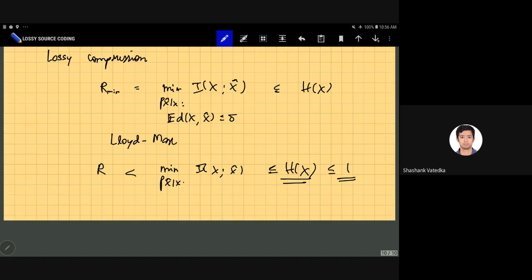So note that this is something that is expected, because if you want to minimize the rate, then obviously the rate that you can achieve using lossy compression should always be less than or equal to the rate that you can achieve using lossless compression, because lossless compression implies zero distortion. Right? If you're allowing some positive distortion, then you can only compress at a lower rate.